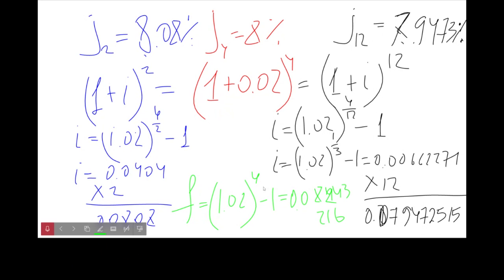Now I found it for this J4. Now if I find it for J2, let me do this on the next page.